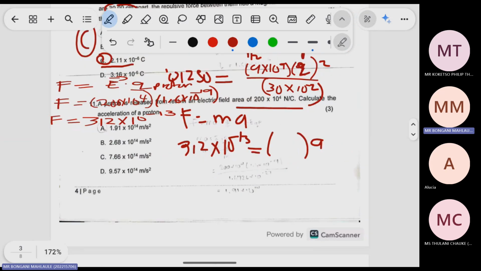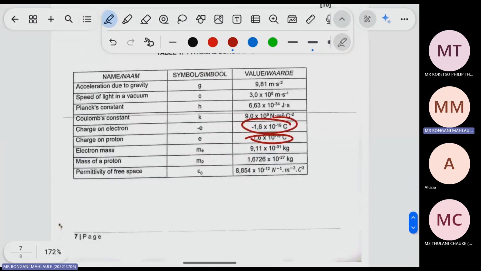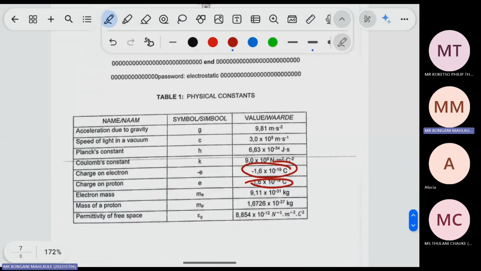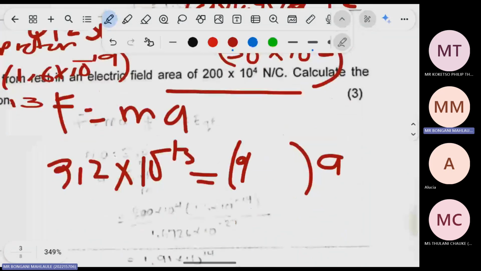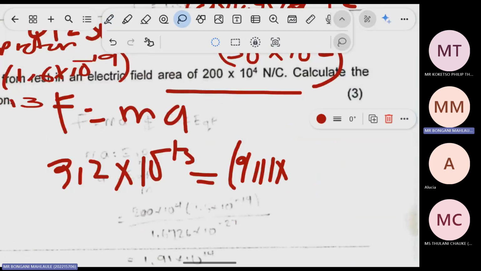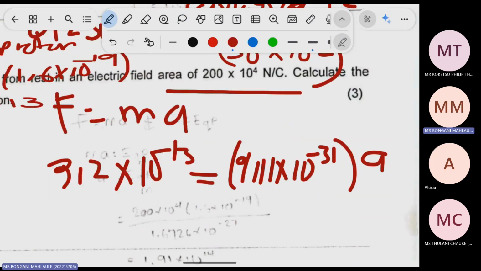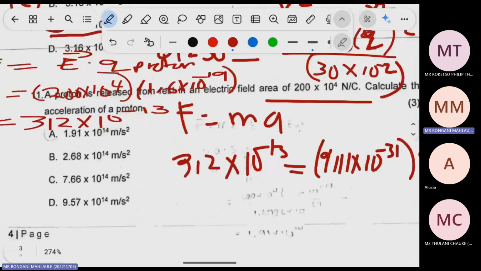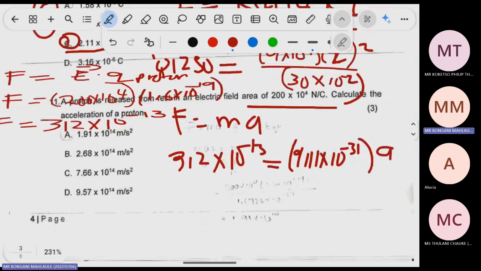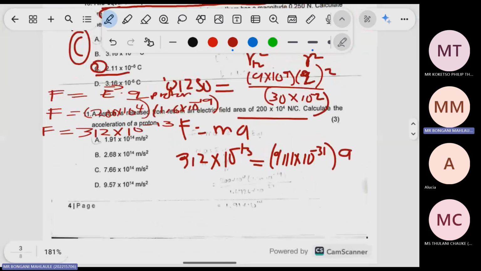Then you put the mass, 9.11 times 10 to the power -31. Let me do that. So you'll get, is it -31?